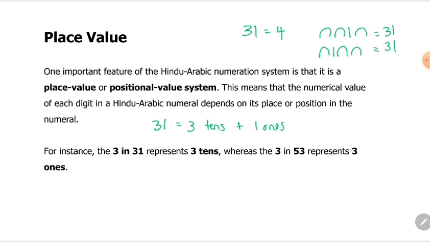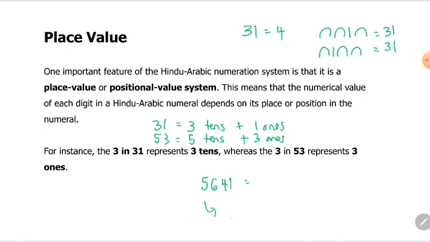Okay, and the 3 in 53 is different from the 3 in 31 because in the second one you have 5 tens and 3 ones. It's placed in the ones place value. This is also the reason why it's easier to write our numbers if you have larger numbers, compared to the Egyptian numeration system. That would mean you will also have more symbols.